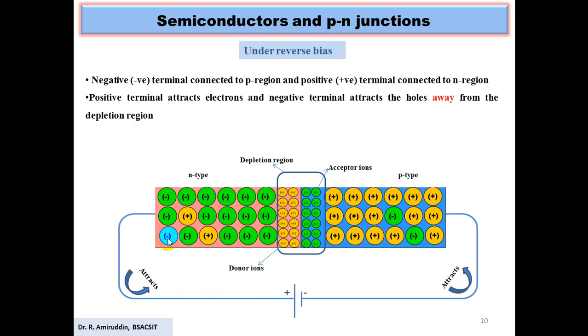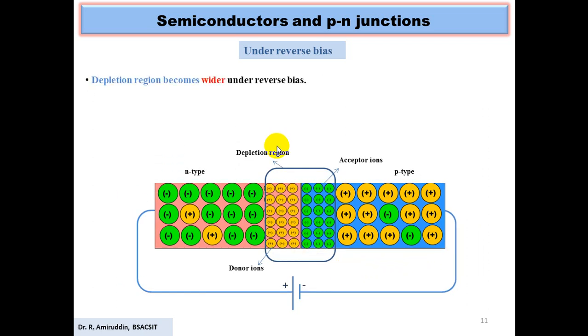So we have the negatively charged N-type side and the positively charged terminal of the battery, and because of this attraction the electrons and the holes are swept away from the depletion region. In the previous case they were pushed into the depletion region, and now under reverse bias they are swept apart from it, because of which the depletion region becomes wider.